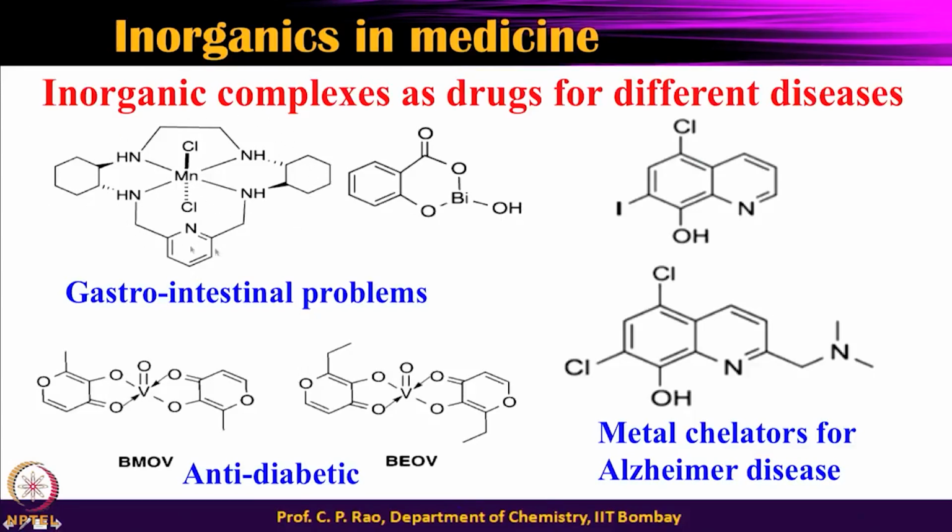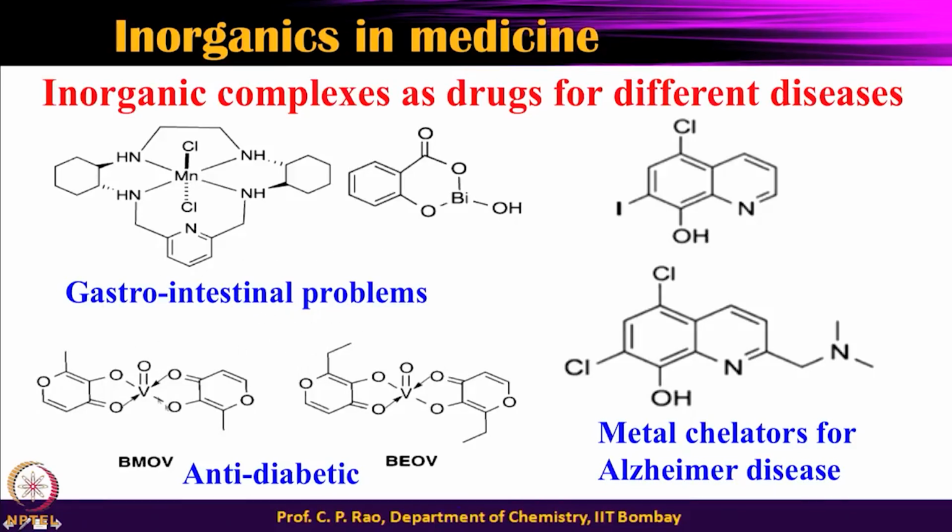It is a cyclic ligand with the manganese. Here you have gastrointestinal bismuth hydroxide, but bismuth hydroxide is coupled with this kind of a chelate, so that you have only one hydroxy group.